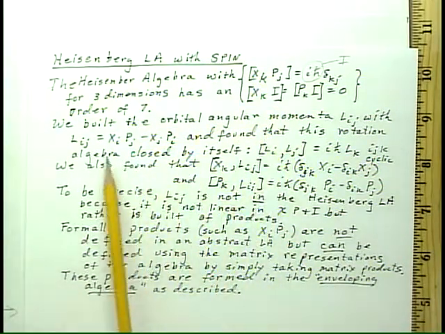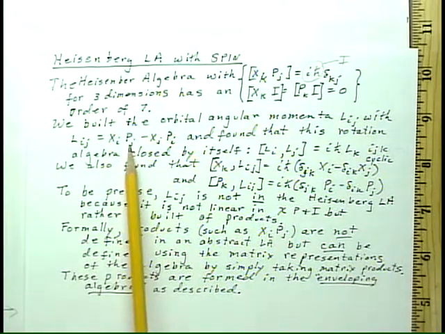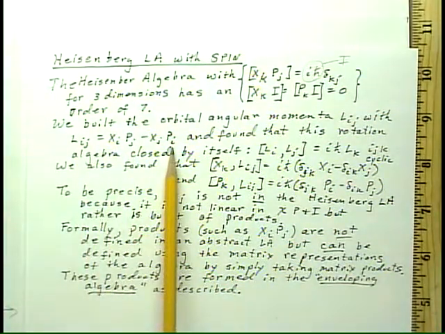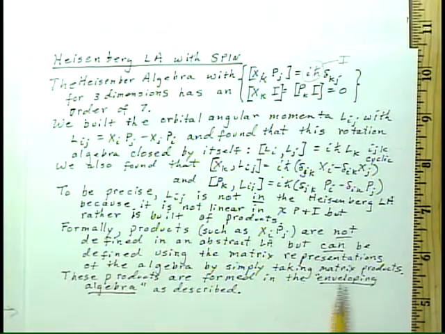Still, they're matrices, and being matrices, I can then take products of those matrices and form objects such as this. That entire algebraic structure is called the enveloping algebra of the original Lie algebra. And it consists of all possible products of all of the matrices that represent the elements of the original Lie algebra.